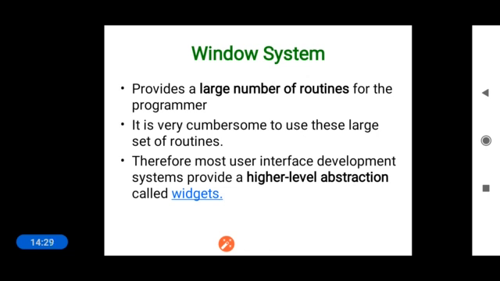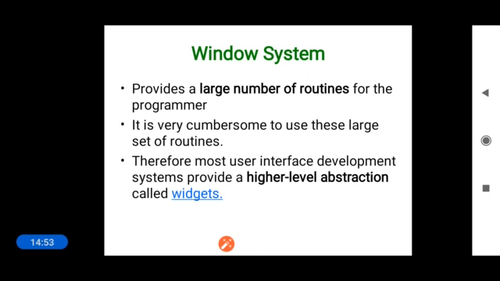So the main advantage of these widgets is we don't write any code to create a window. Rather, we drag and drop in the code space where the GUI has to be created. And for manipulating the attributes of that particular window or window item, we will be writing that code itself.